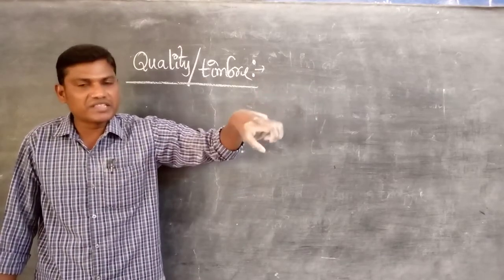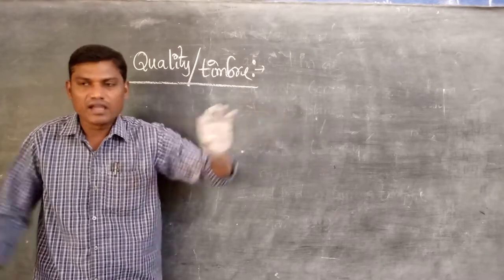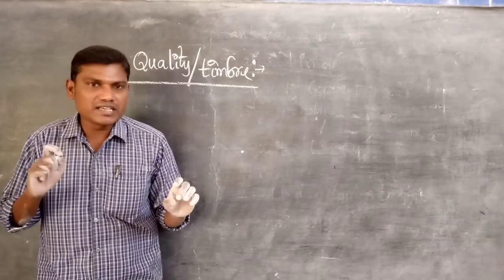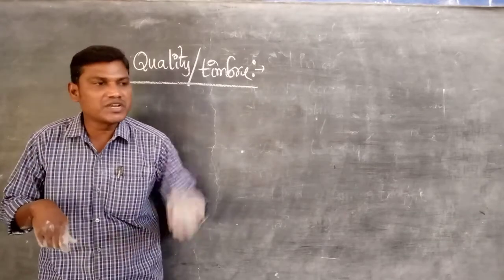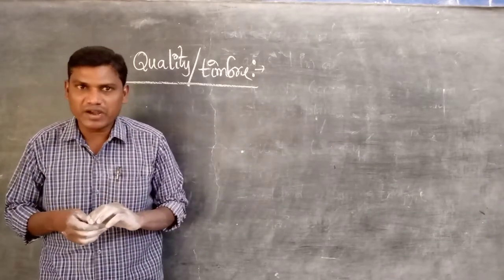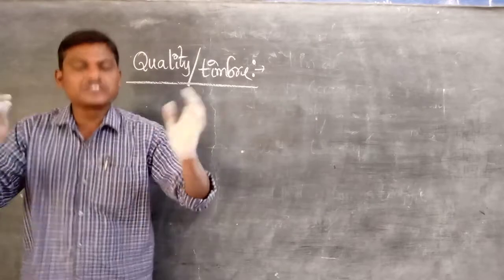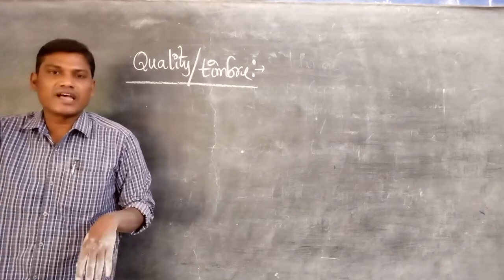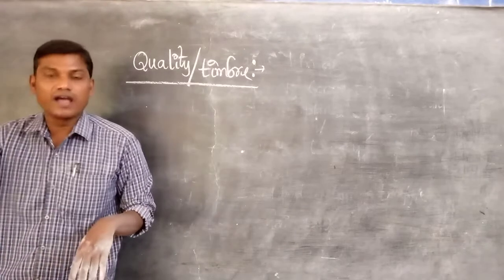For example, simply I say that one person is playing guitar, another person is playing drums. Drum is one type of musical instrument, guitar is also one type of instrument. Or for example, two string instruments: one person plays the guitar, another person plays the sarod or veena.